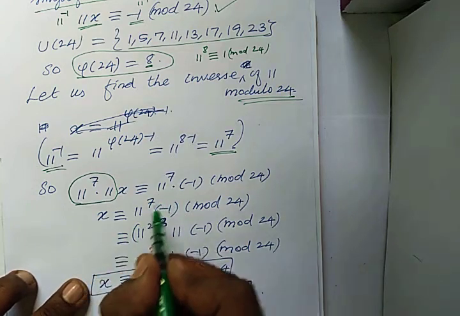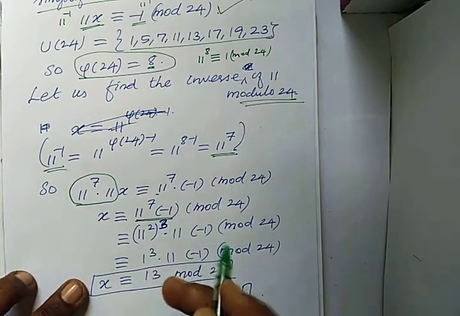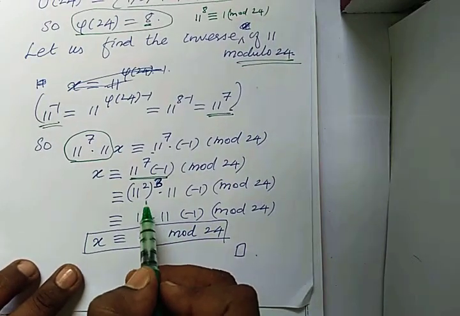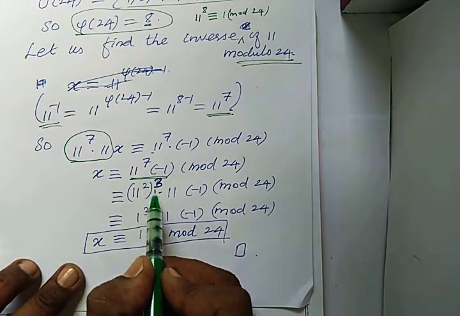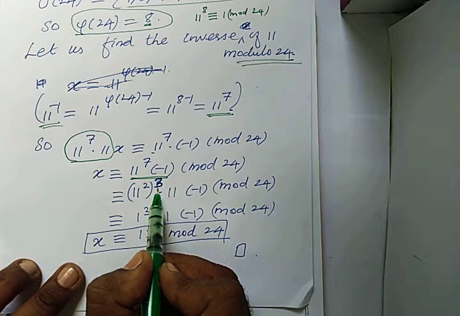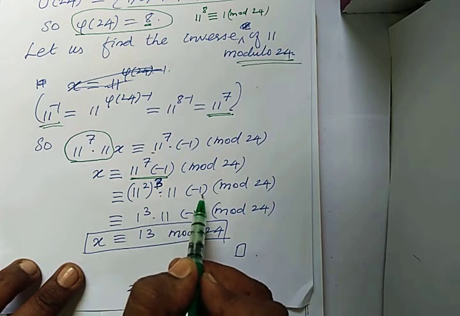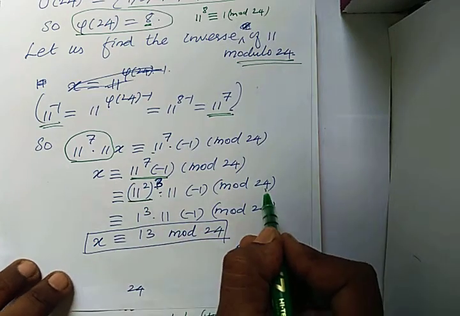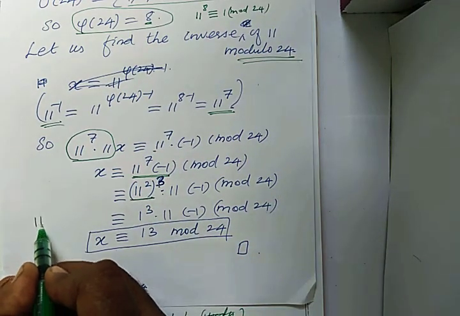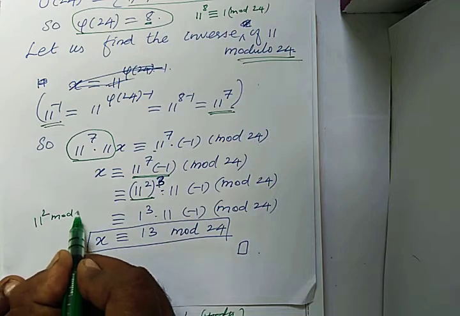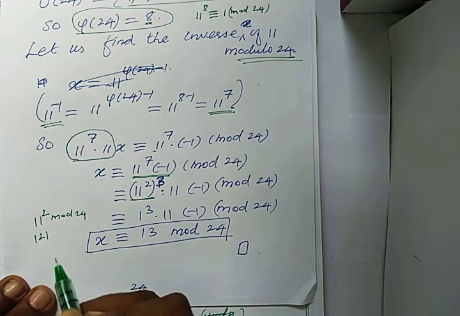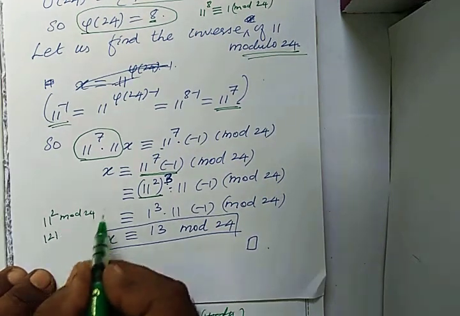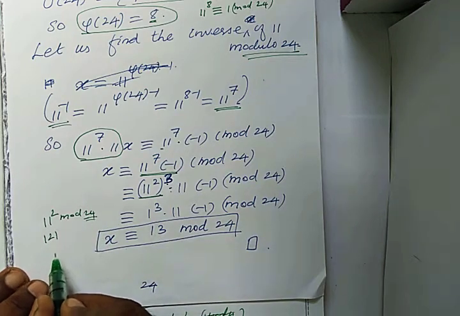What is x? This one only. But I am simplifying now. This is 11 square to the power 3 into 11 into minus 1. But what is 11 square mod 24? 11 square is 121. 5 times 24 is 120.